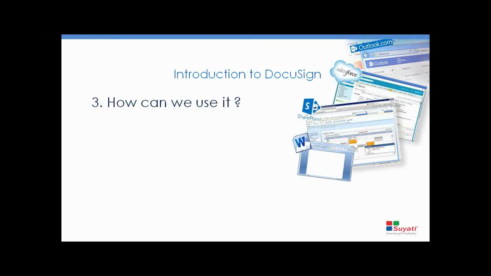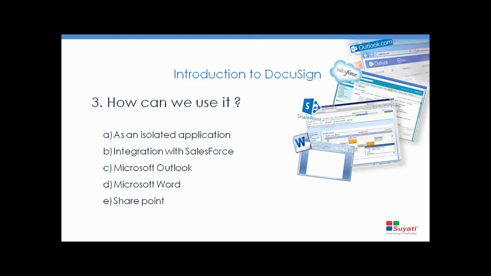Primarily there are many different ways in which DocuSign can be used. The first is as an independent application. It can be used as an isolated application, so the complete process starts with DocuSign and ends with DocuSign. The second is integration with Salesforce.